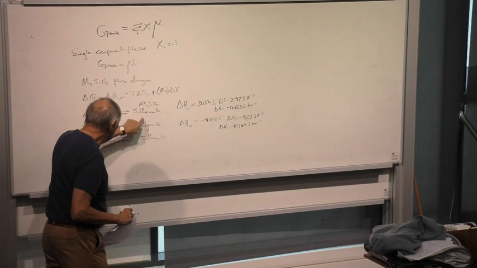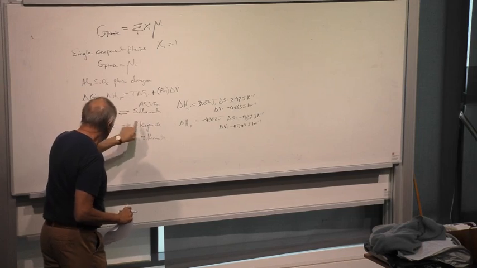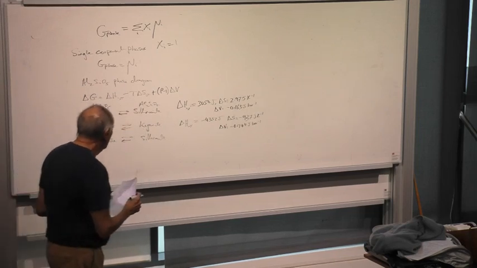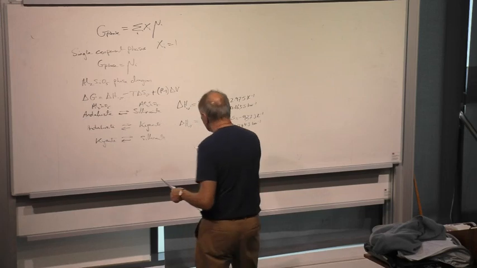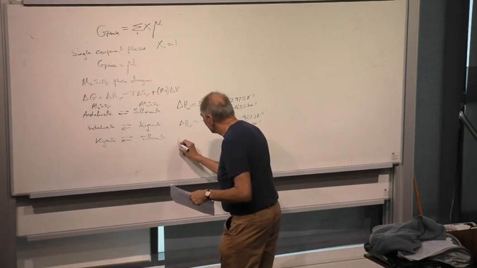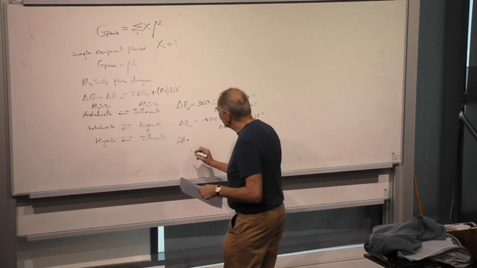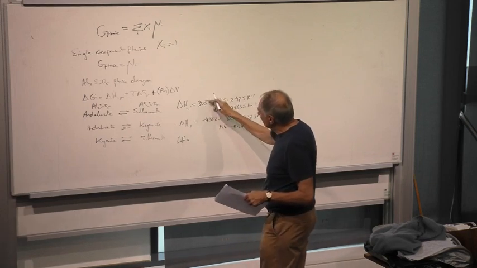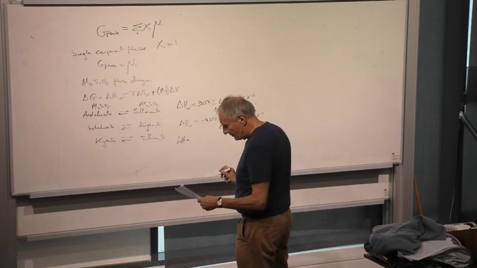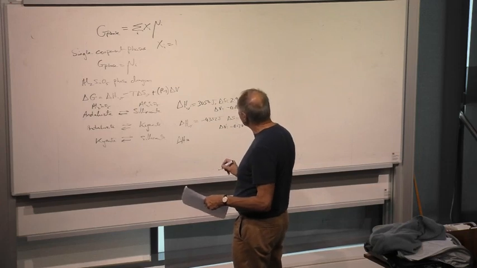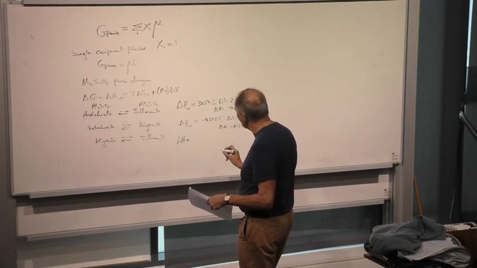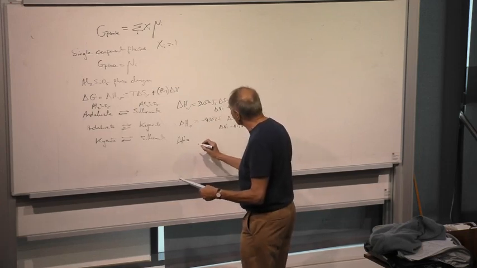Sillimanite remains on the product side. That is now negative, so it goes on the reactant side. So delta H for that reaction is equal to that minus that, which is minus 7,408, I think.